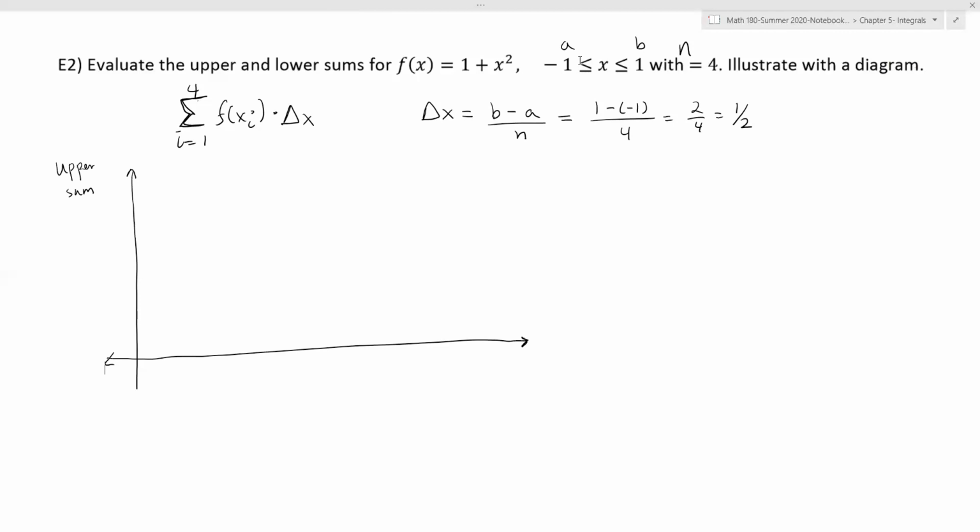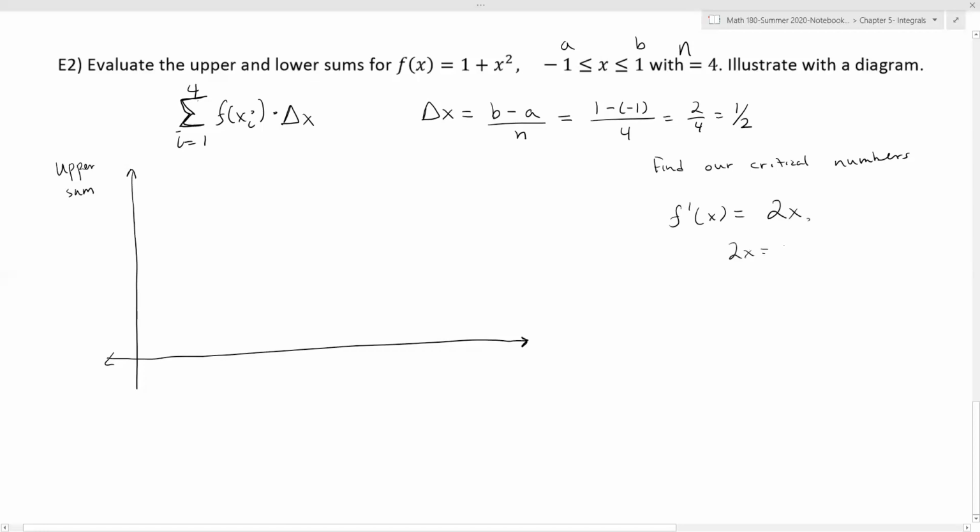Exactly. Now we're going to find the critical numbers for f of x equals 1 plus x squared. f prime of x is going to equal 2x, and then we set that equal to 0.